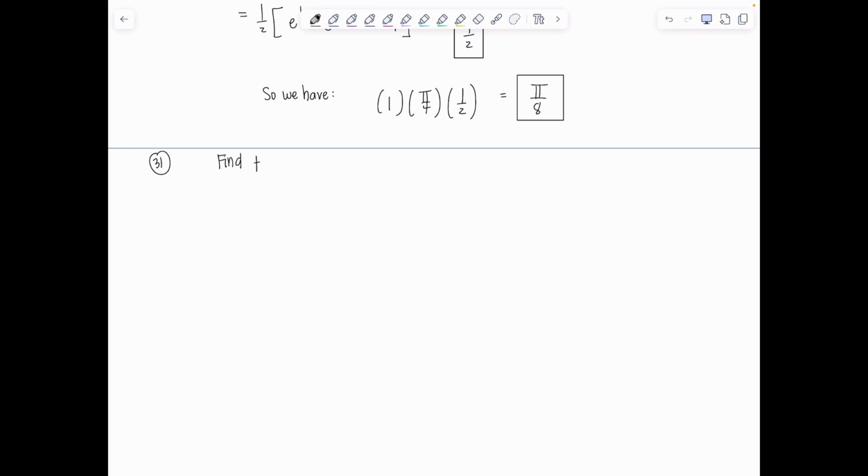Find the volume of the solid that lies above the cone, phi equals pi over 3, and below the sphere, rho equals 4 cosine phi. Okay, let's graph it.